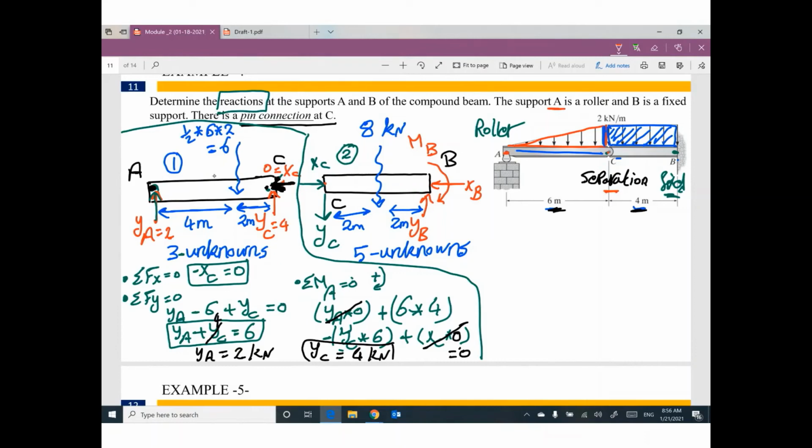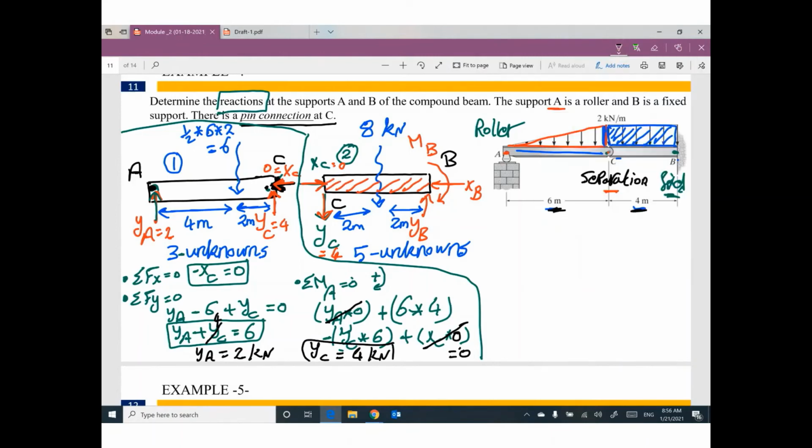Guys, this XC equals 0, so XC here will be 0 also. For the other part, YC equals 4, so it will be YC here equal 4 also, but in opposite direction. Right now, I can solve the second part of this problem, part number 2.